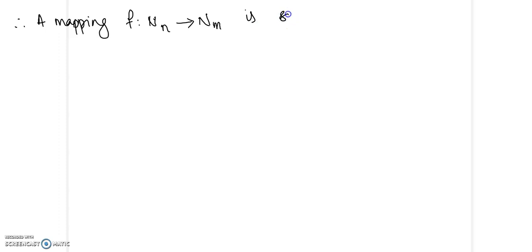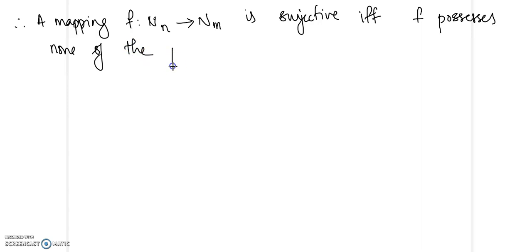Okay, so therefore a mapping F from Nn to Nm is surjective if and only if F possesses none of the properties Pi, where i equals 1, 2, etc. up to m.